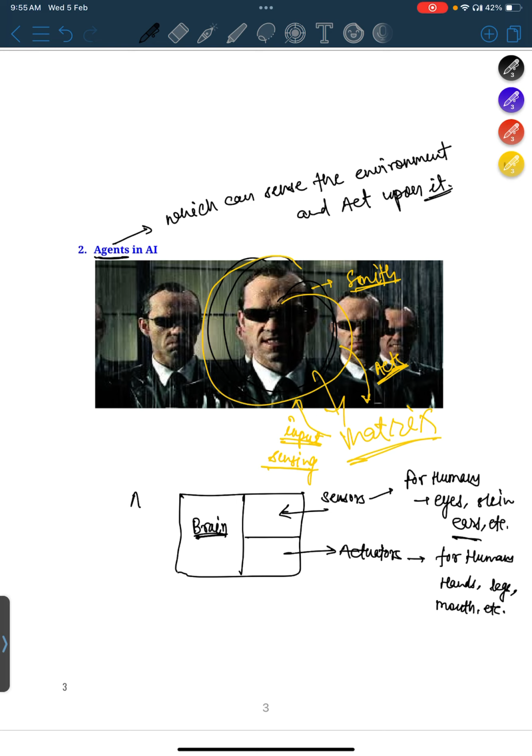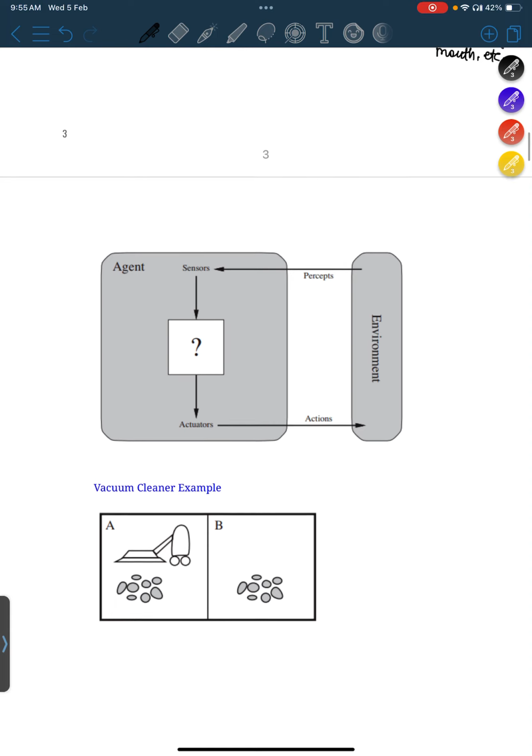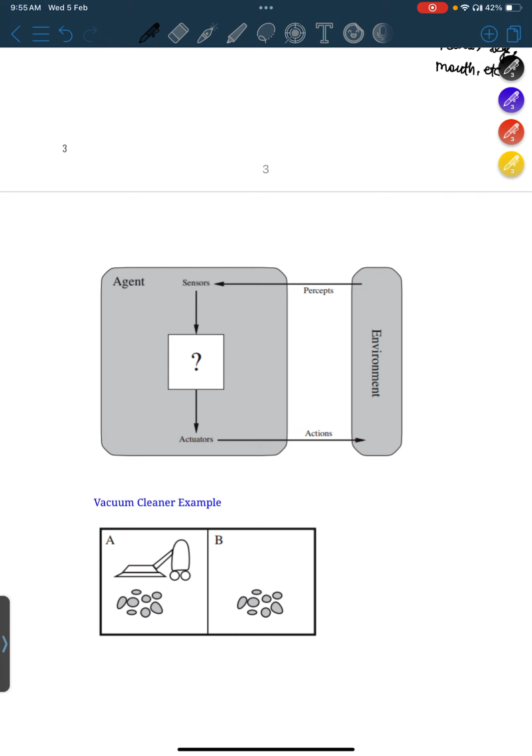For example, if I talk about one AI agent, it is called a vacuum cleaner. This vacuum cleaner's job is that there are two rooms, A and B. It needs to clean those rooms. So what are the sensors? It has a sensor to locate the dirt.